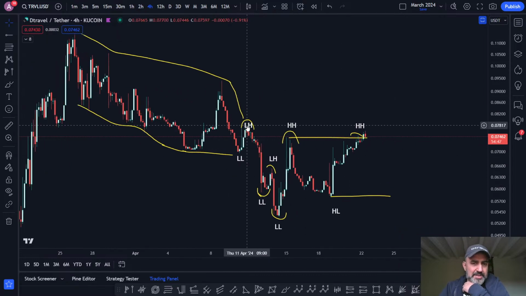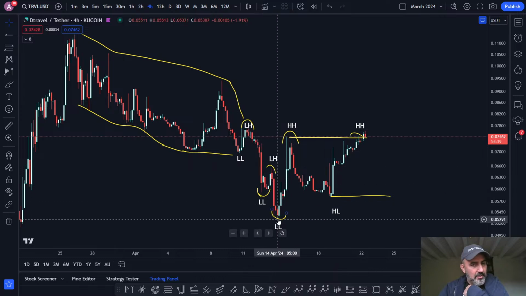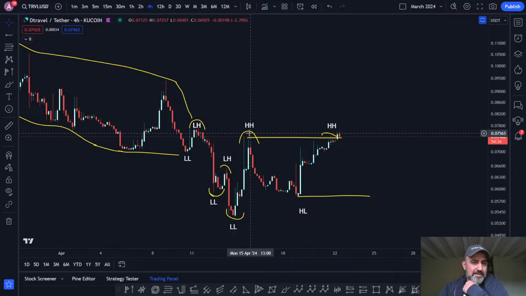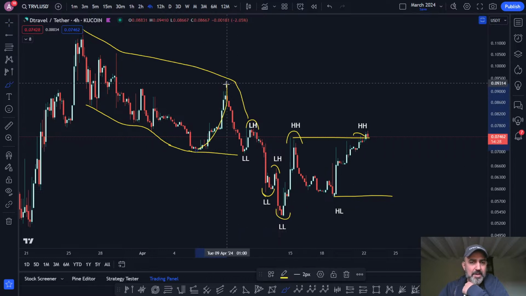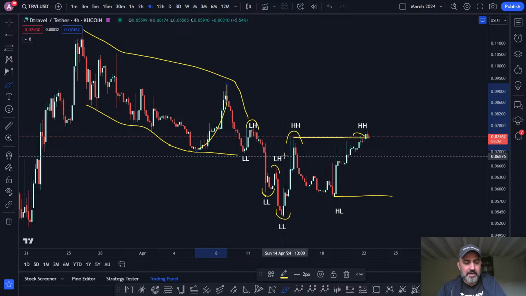So after we put in this lower high, we put in this lower low here. We went up to put a lower high, took out that low to put in a lower low, and then we had this kind of pump. That pump made another higher high, similar to this. Pump, make a higher high, pump, make a higher high.